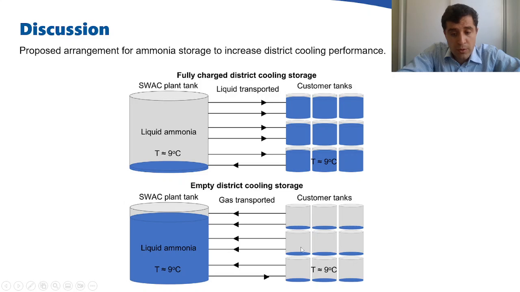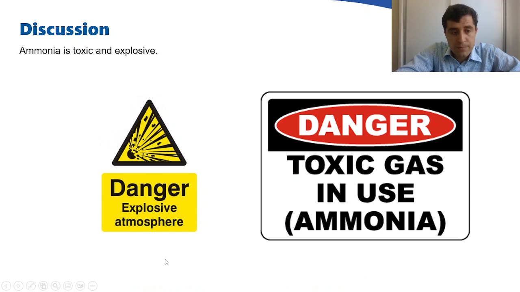You use more ammonia, and then most of the distribution system is used to transport the vapor into the SWAC plant, and then the SWAC plant has all the liquid ammonia stored.